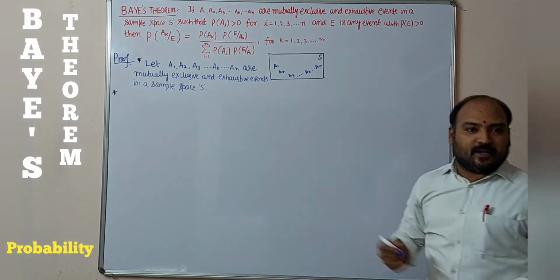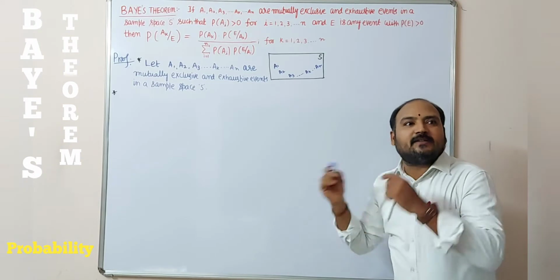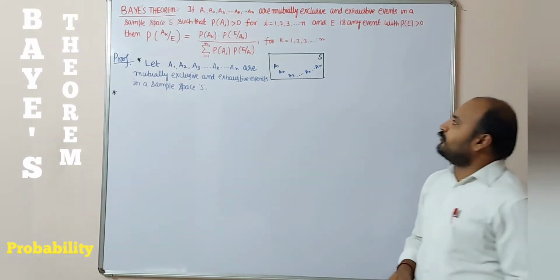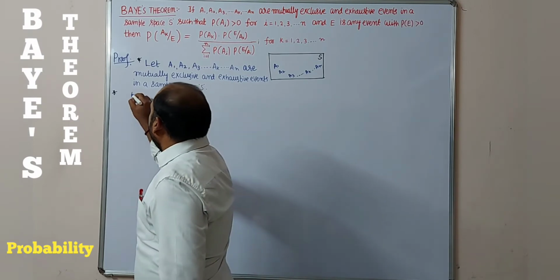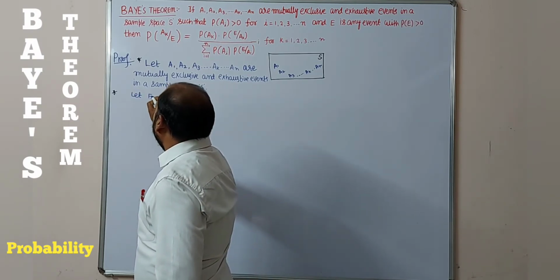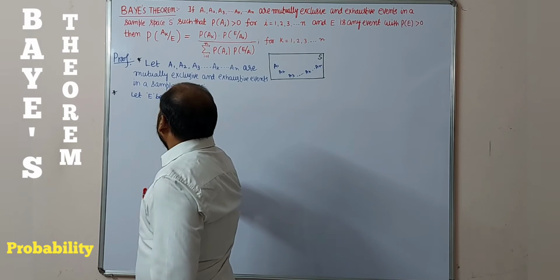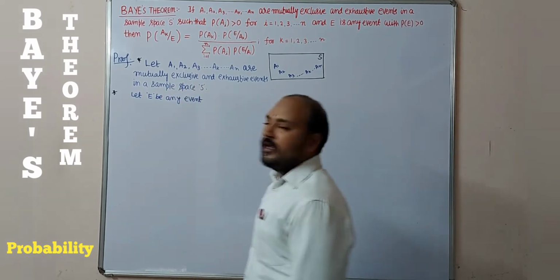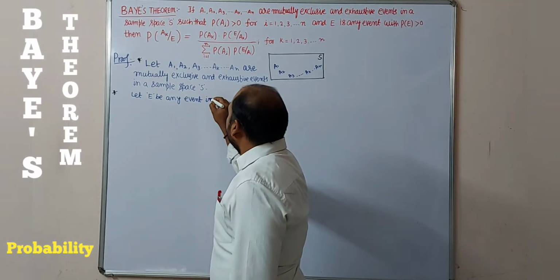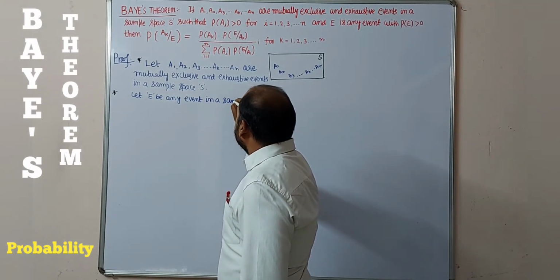These events are there in this sample space. Here, let E be any event. Let E be any event in the sample space.